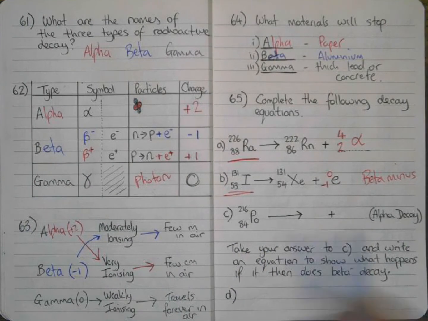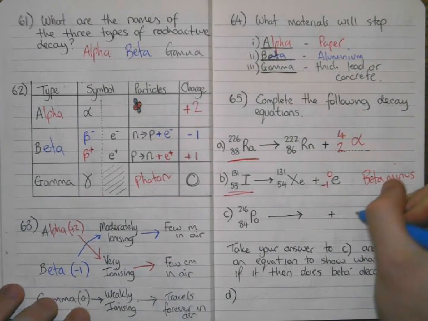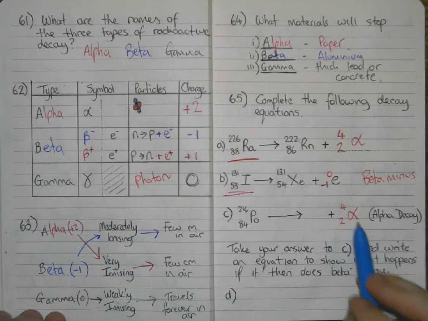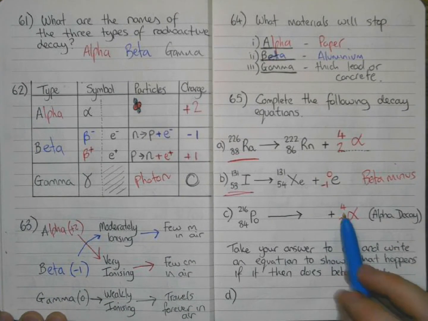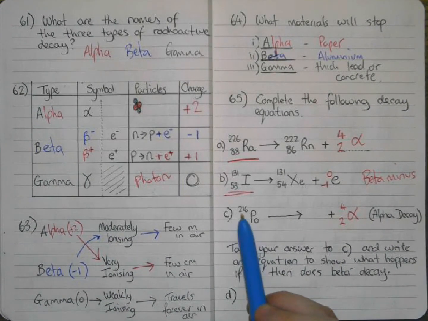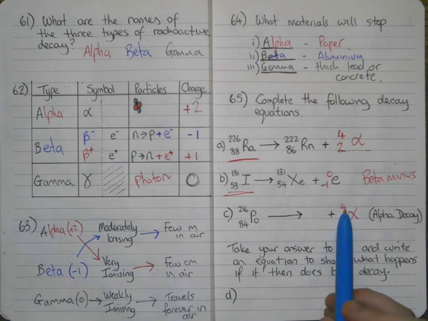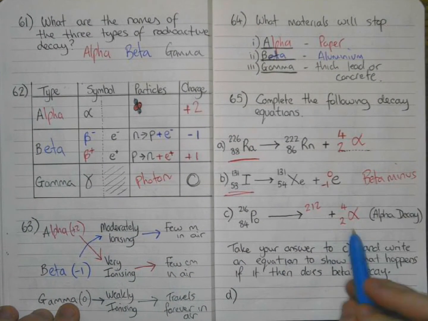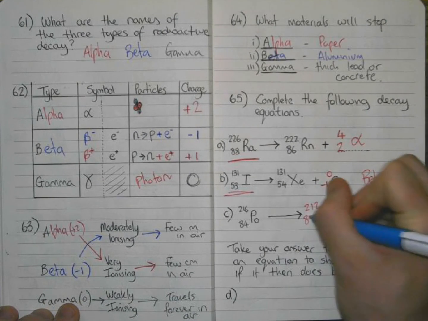The next one, we're told it's an alpha decay. So what I would do is I'd actually put that in first. And we know that an alpha particle always has 2 protons and 2 neutrons. So what's missing? Well, on the top, 216 minus 4 is 212. On the bottom, 84 minus 2 is 82.